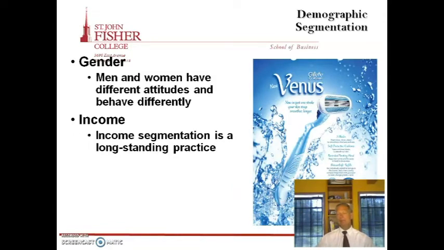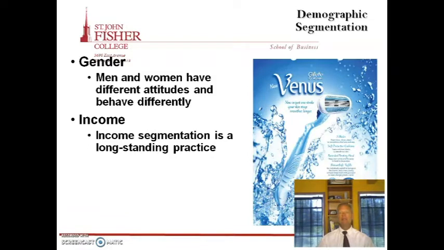Of course, again, the first cut is gender, male versus female. Even if it's a product that both of them would use, and there are a lot of products that obviously are different, clothing and shoes and things like that. But if you have a product that both of them will use, oftentimes they still segment it male versus female, because they advertise differently and where it's offered is different.